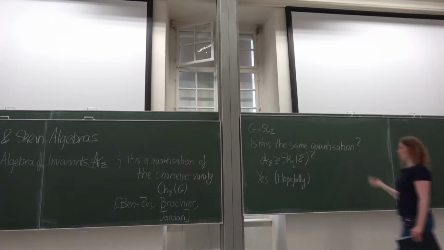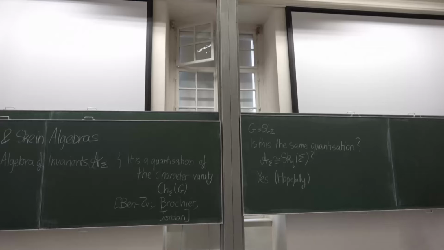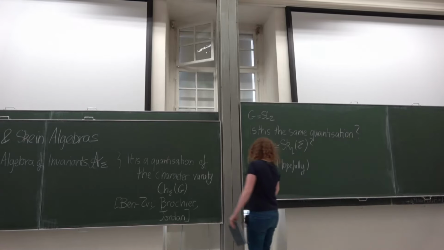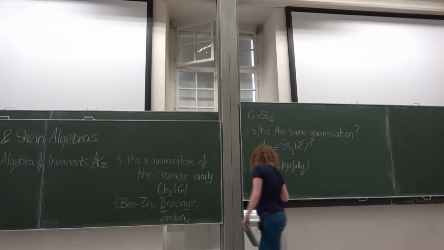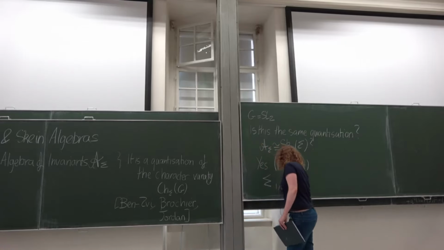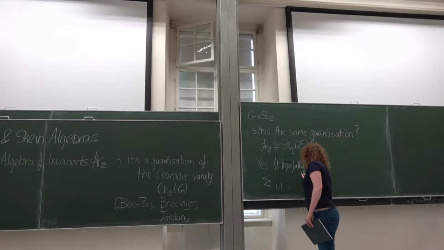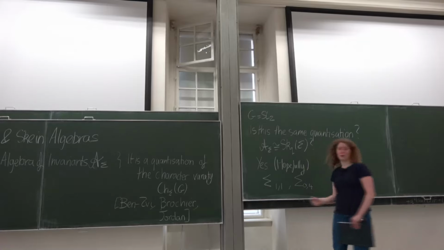In this talk, I will consider two examples: the punctured torus, so genus 1 with one puncture, and the sphere with 4 punctures.